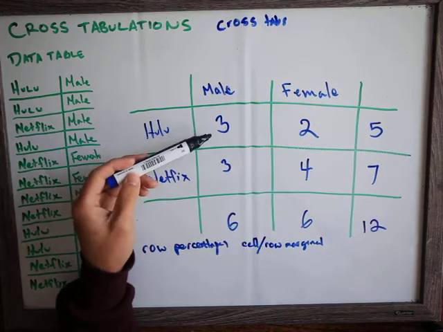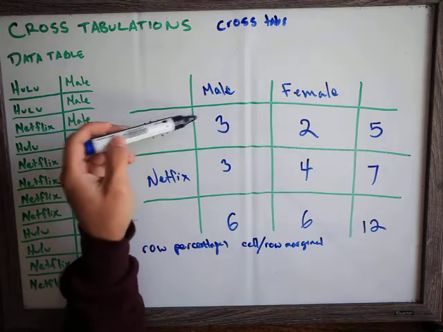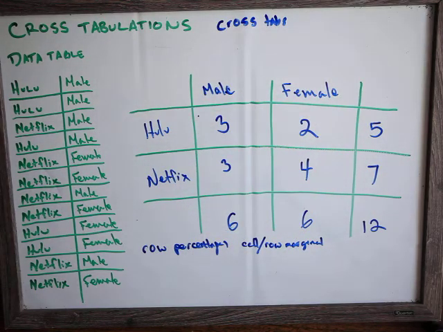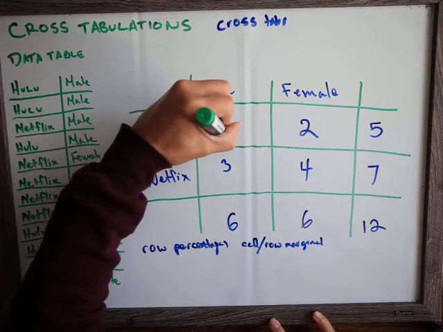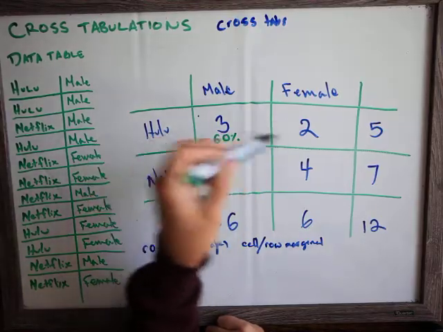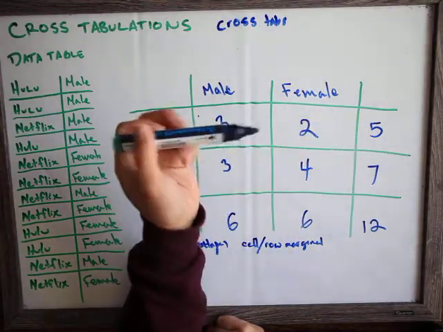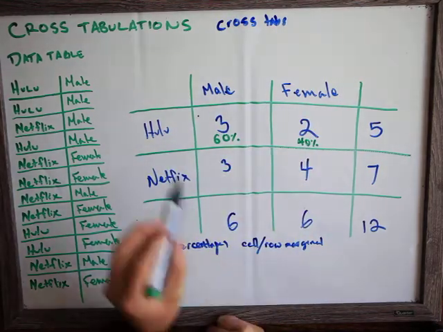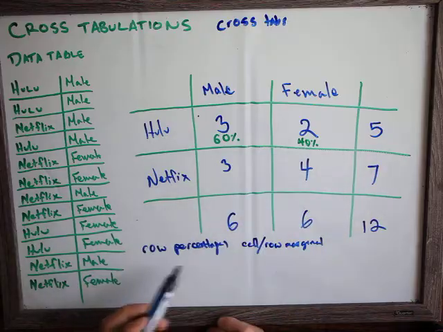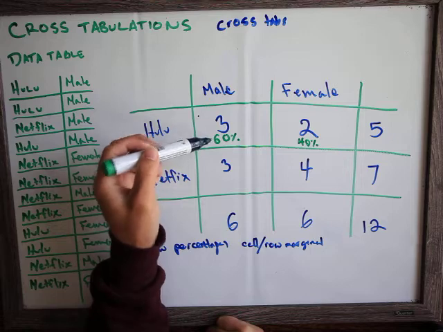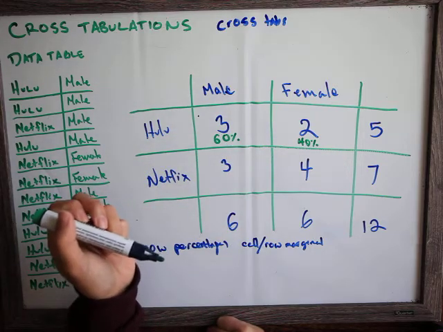To get the row percentage for Hulu male, we would take 3 and divide it by 5. 3 divided by 5 is 0.6, which converts to 60%. Now we do 2 divided by 5, and that gives us 40%. So 60% of Hulu watchers are male, and 40% of Hulu watchers are female.